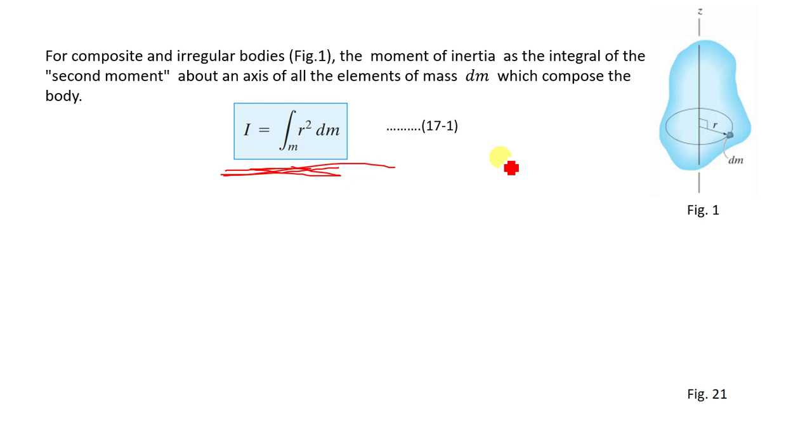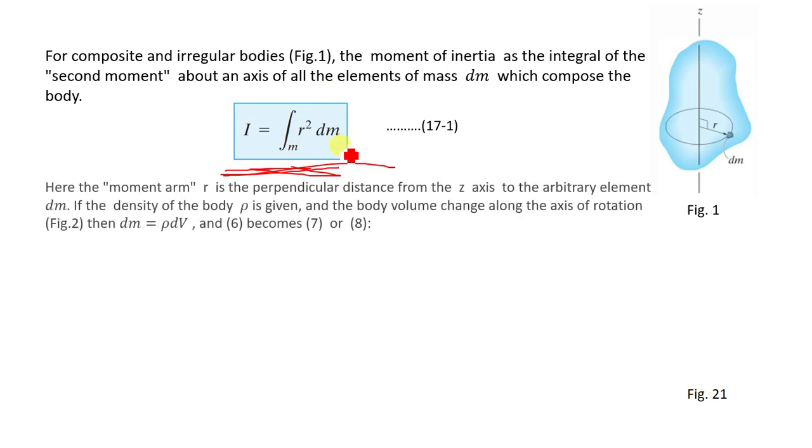You just find the integral of the moment arm squared, and then you integrate that with respect to m. Here the moment arm r is the perpendicular distance from the z axis to the arbitrary element dm.